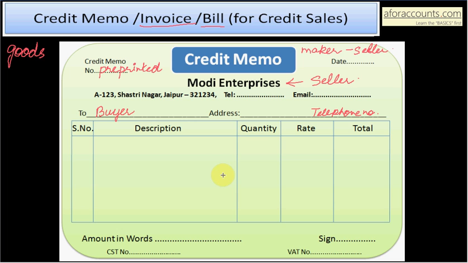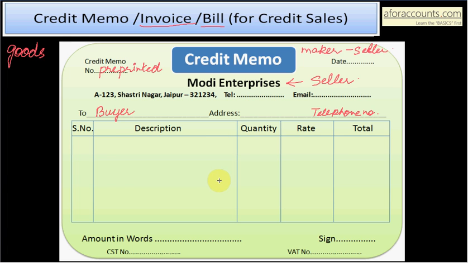See, like the cash memo, you will also make at least 2 copies of your credit memo. The original copy you will give to the buyer, and the duplicate copy you will keep. You yourself, meaning the seller, will keep.